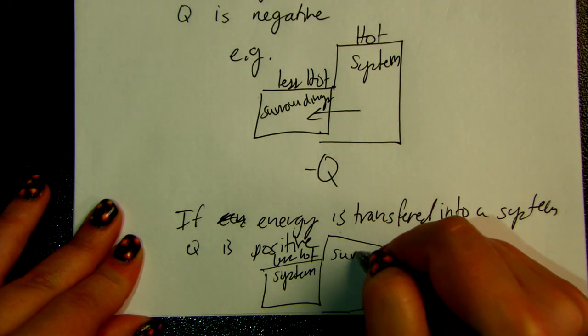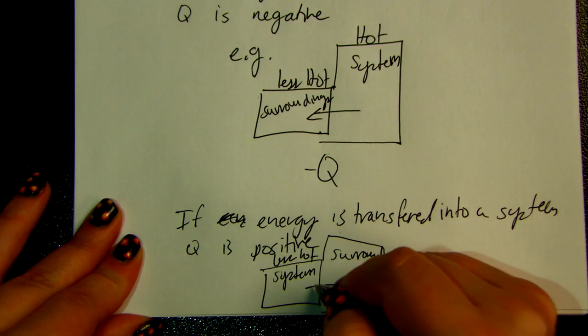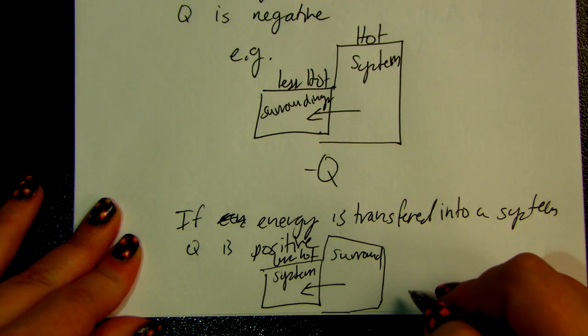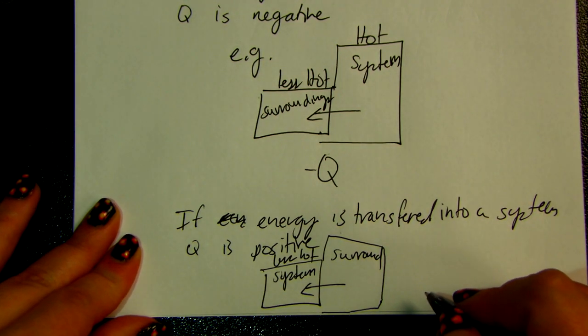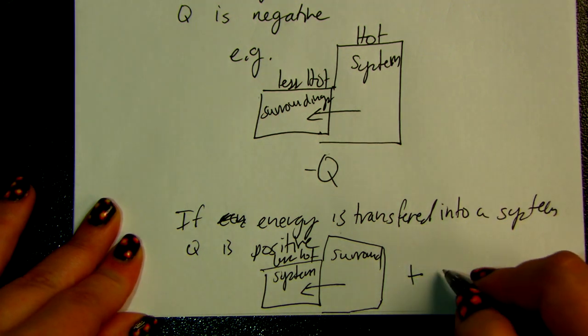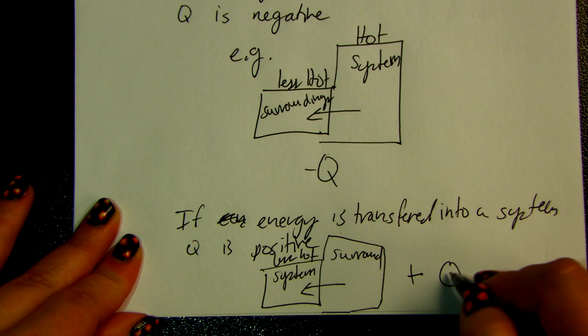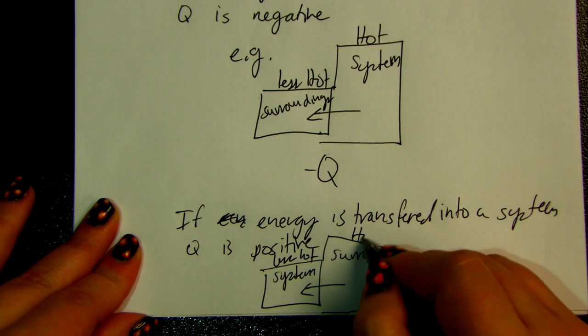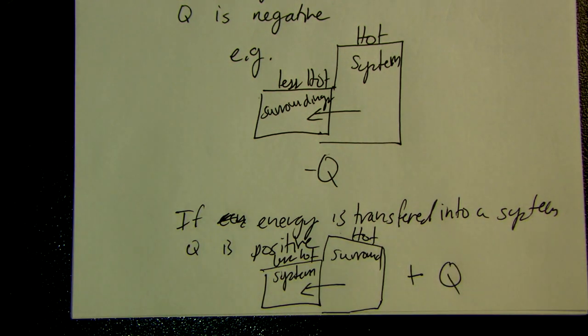This is the surroundings, and it's getting some energy. So then we would have a nice positive Q. So if you're receiving energy from heat transfer, then it's positive. If you're giving it away, it is negative.